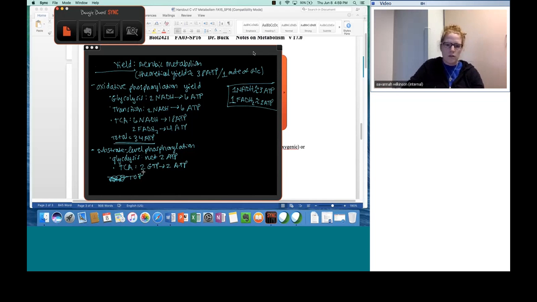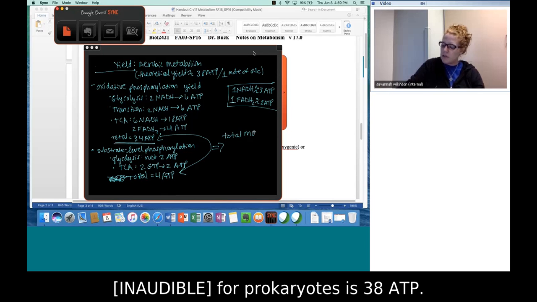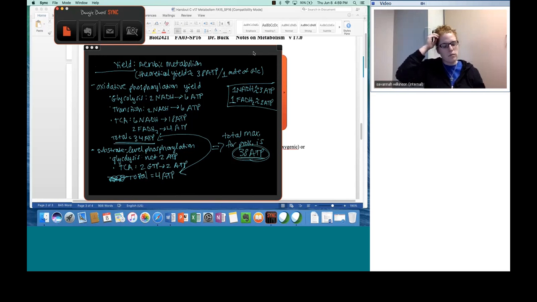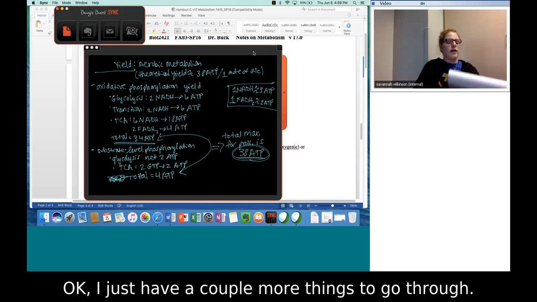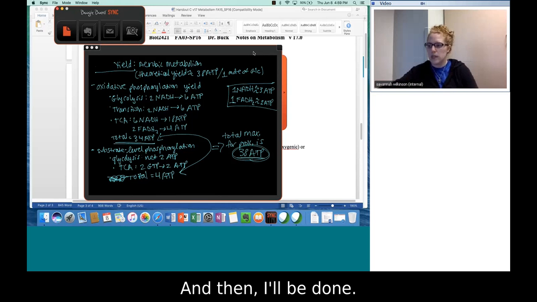The total for prokaryotes is 38 ATP. There you go. Okay, I just have a couple more things to go through, and then we'll be done.